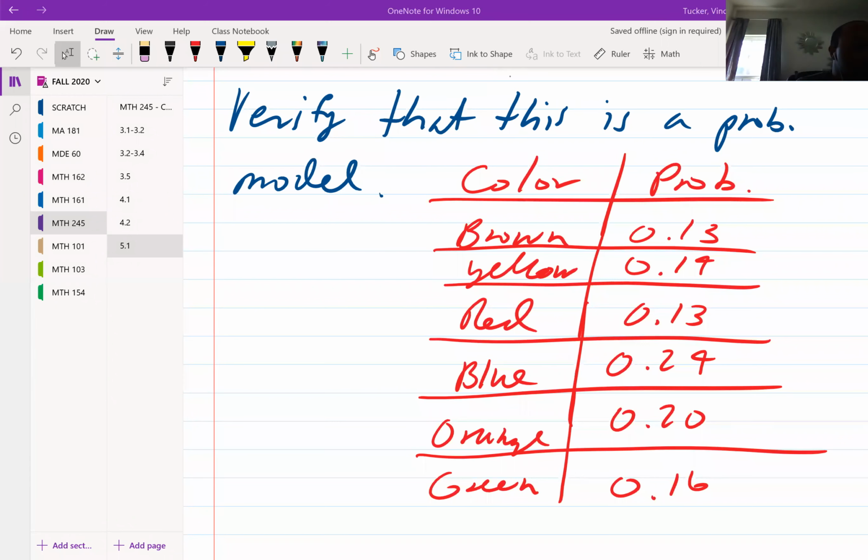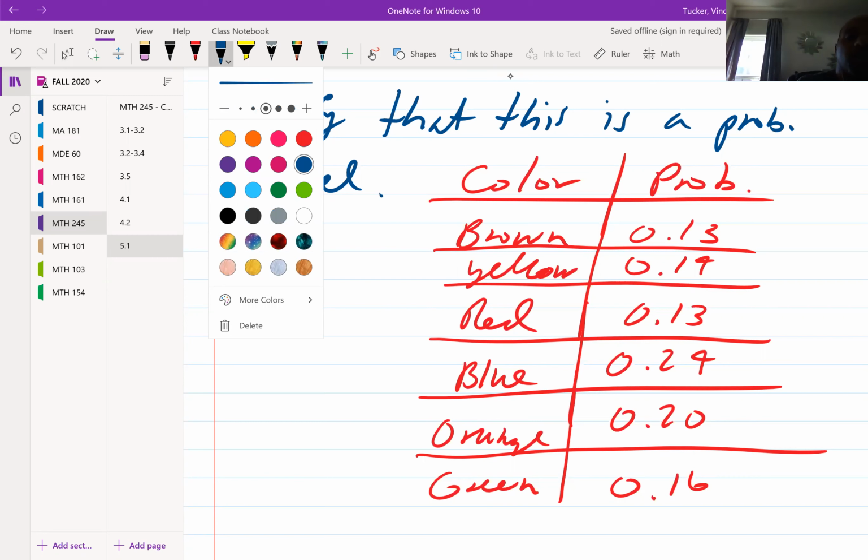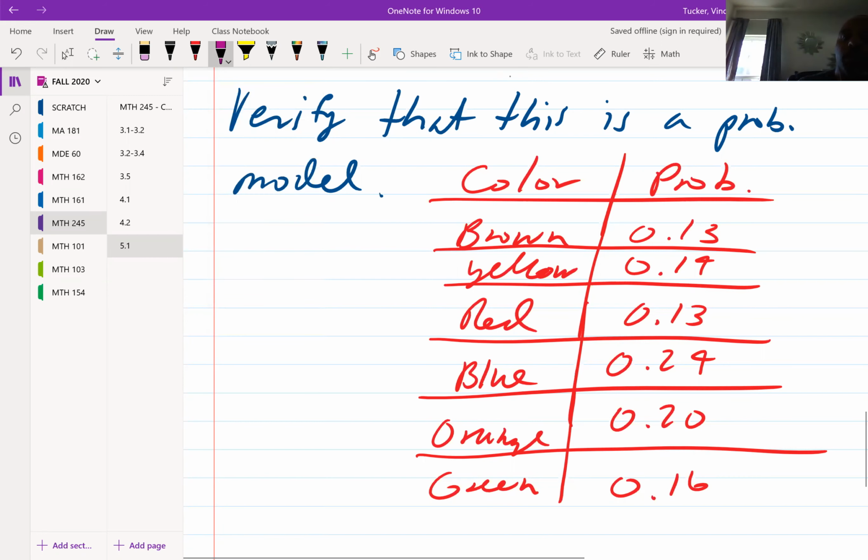First we need to ask ourselves, does it fit rule 1?